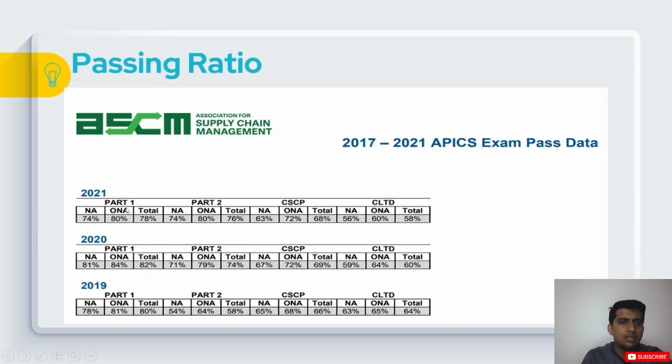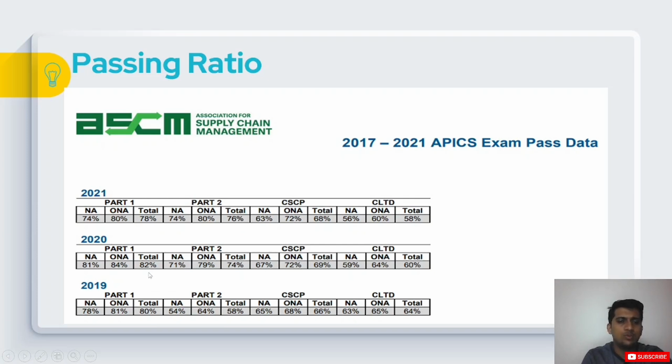Looking into the percentages of passing, part 1 in 2021 had 78%. Part 1 is comparatively easy, not just comparatively easy, it's considerably easy when compared to part 2. For part 2 it's 76%.